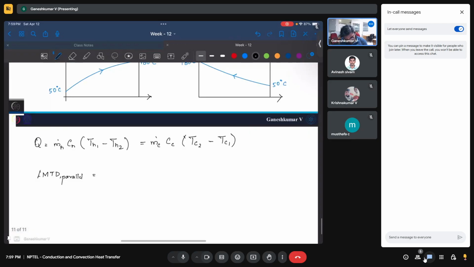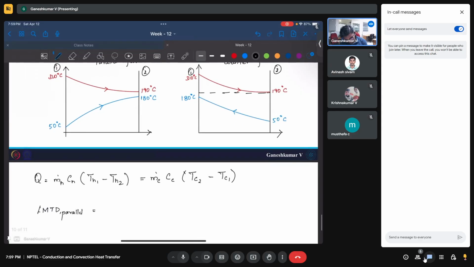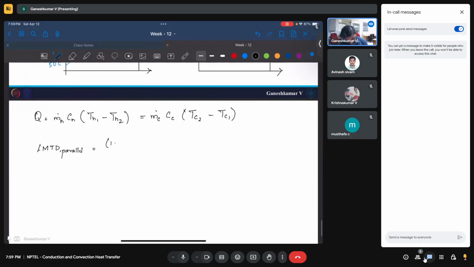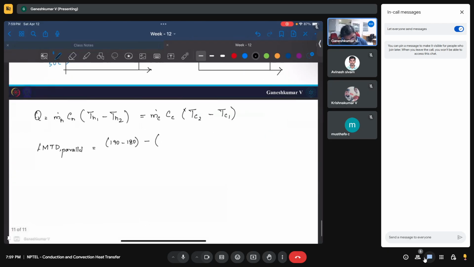is 190 minus 180, which is delta T2, minus 310 minus 50, divided by natural log of 190 minus 180 divided by 310 minus 50.